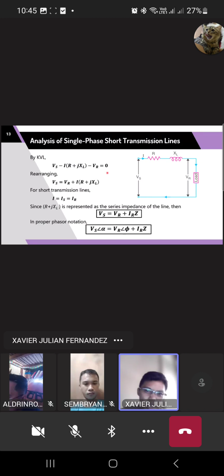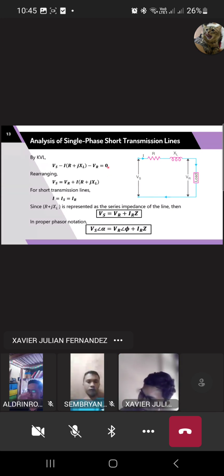Multiply by a negative. By this equation, there are two voltages. What will we be looking for? Actually, what we are looking for is the sending end voltage, not the receiving end voltage. So, sir, why the sending end voltage?